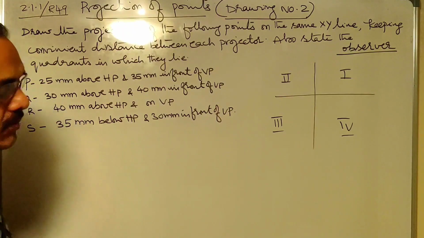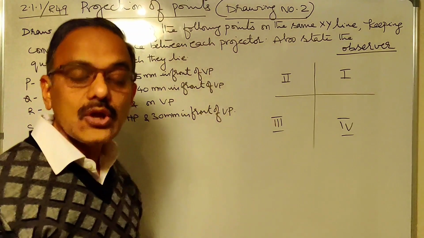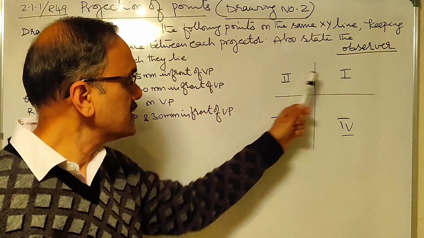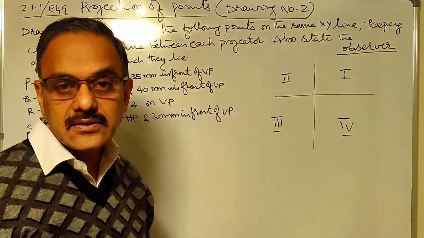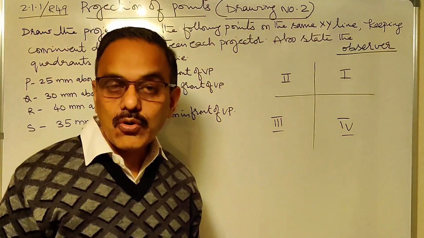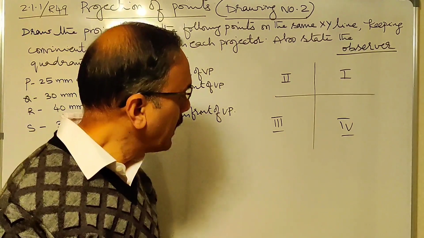Before I move to this problem, let us go back once again to the quadrants. I have represented the quadrants here, first, second, third and fourth quadrants. We imagine that the space is divided into 4 quadrants by means of 2 planes.